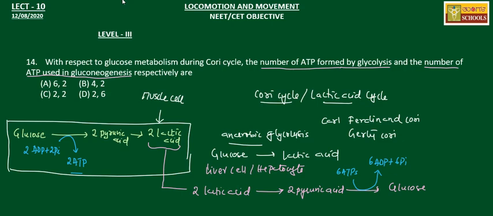Now as the glucose is formed from a non-carbohydrate source, that's what we call gluconeogenesis. The formation of glucose from a non-carbohydrate source is called gluconeogenesis.